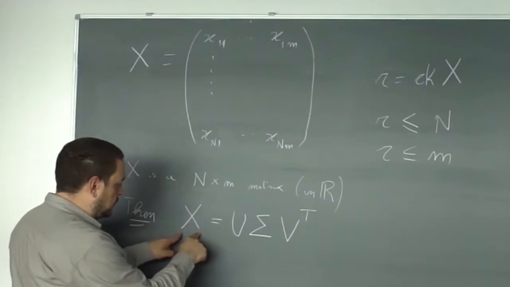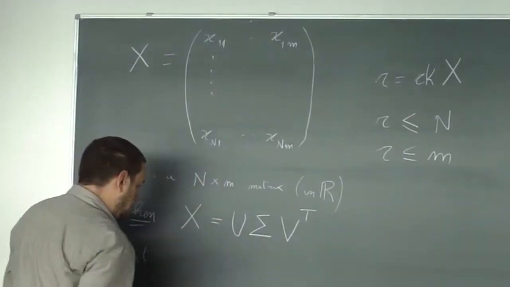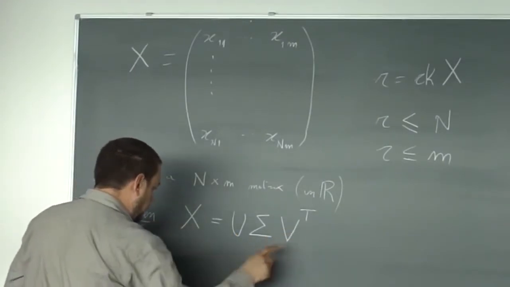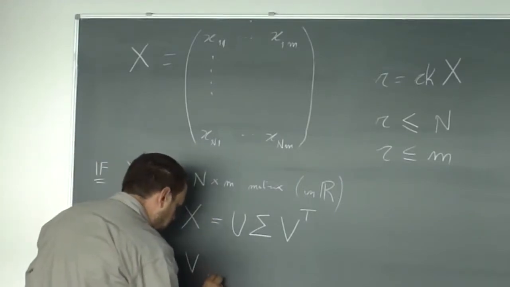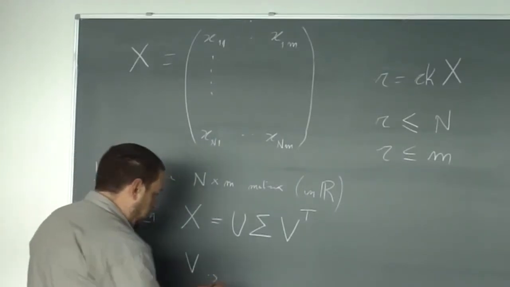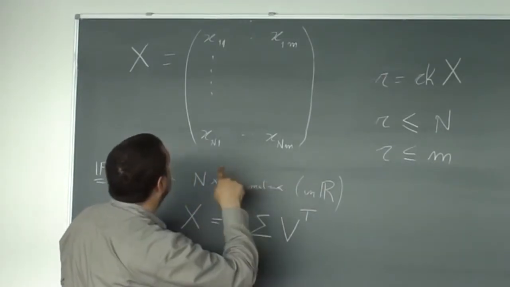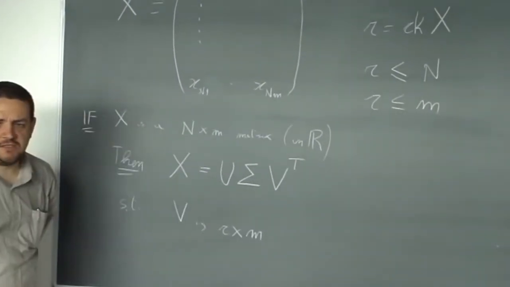So, in order to get X from this, we need V transpose to be an R by M matrix.